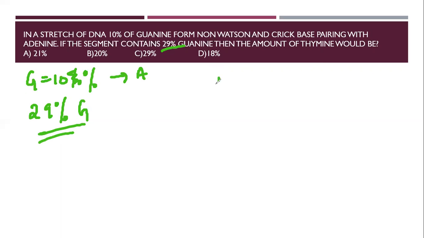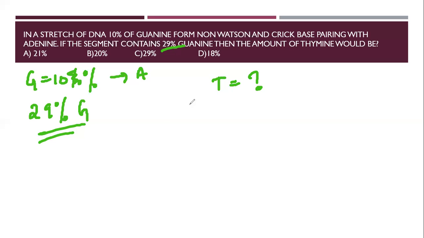Now they're asking what is the percentage of T. So what should be the first step? How are you going to do this question? First you need to calculate the percentage of all the nucleotides.